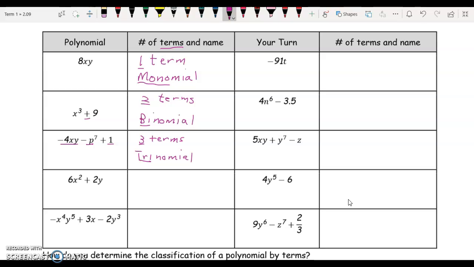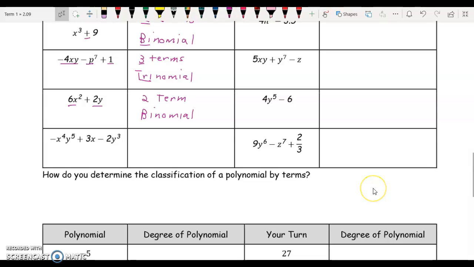All right. The next one, notice we've got 1, 2 terms separated by a plus sign. So this would be a 2-term polynomial, and this is called a binomial. Okay.